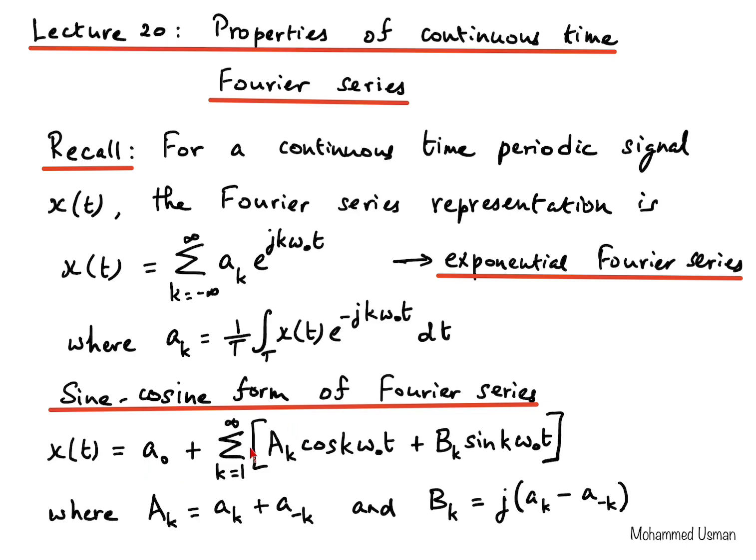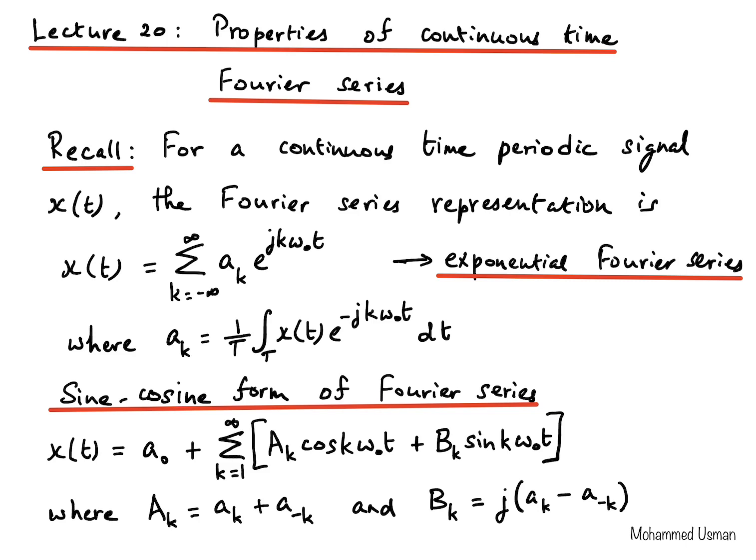Then we have these new terms, capital A_k and capital B_k, which can be obtained from the small a_k terms: capital A_k is a_k plus a_(-k), and capital B_k is j times (a_k minus a_(-k)). Again, this is something we have seen in the previous lecture.